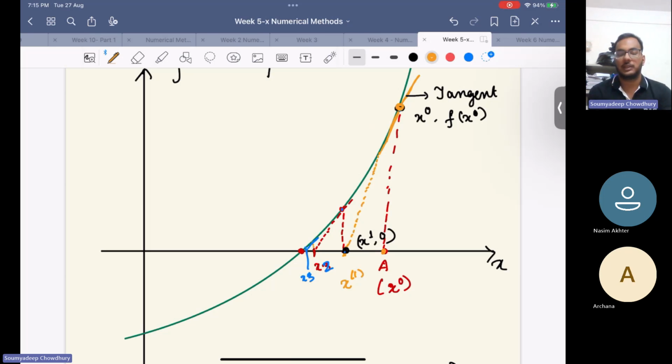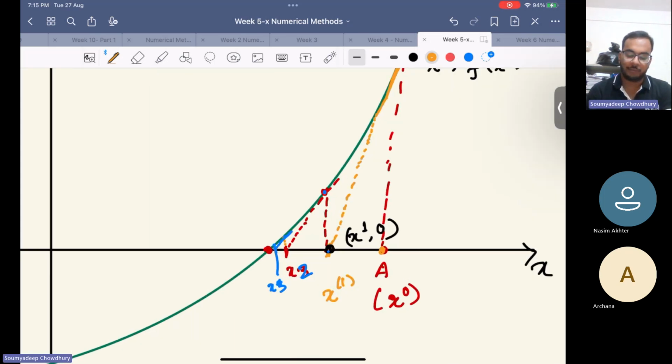Suppose x0 is the initial guess of the solution, then the functional value is obviously f of x0, right? Based on that, we draw a tangent at this point and extend the tangent to meet the x-axis. The x-intercept of this tangent gives you the next iterative solution. That is, A is x0, and here we have B, which is x1.